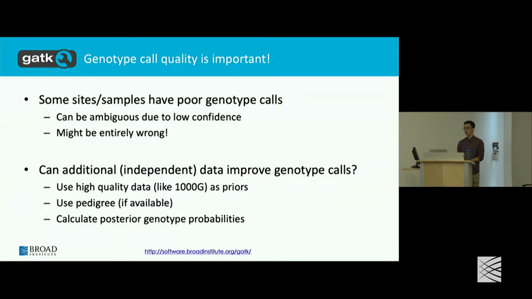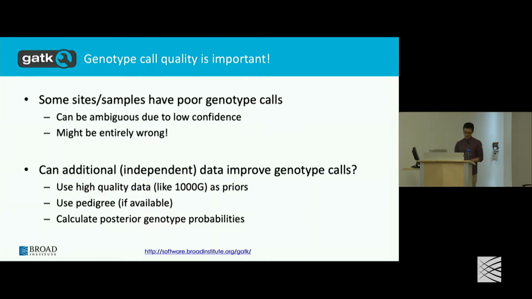And the idea of genotype refinement here is to leverage some independent resources, such as 1000 Genomes or more likely gnomAD, to improve upon the confidence with which we find these variants.